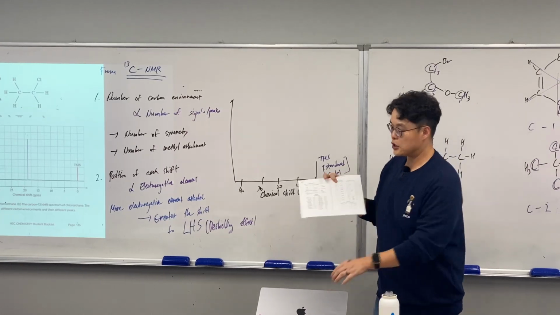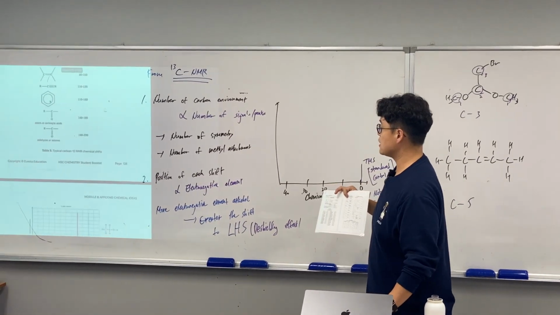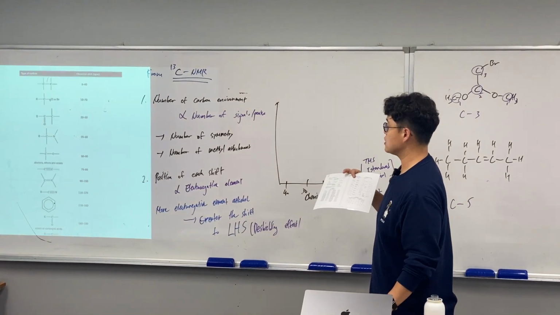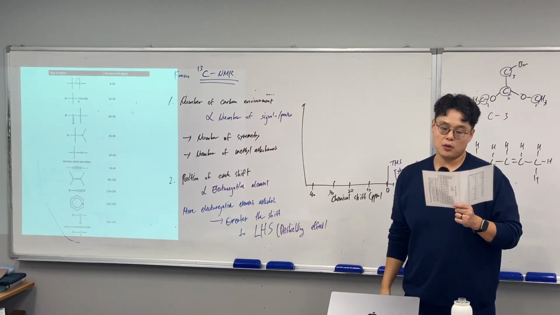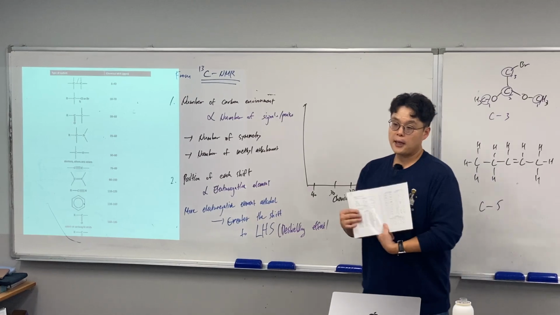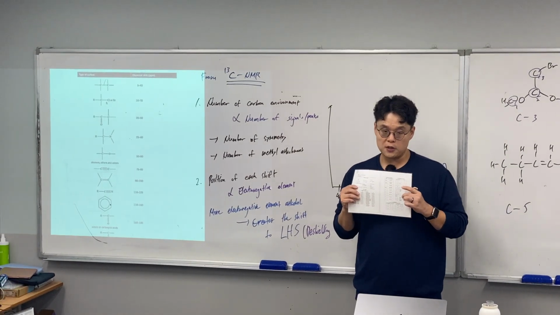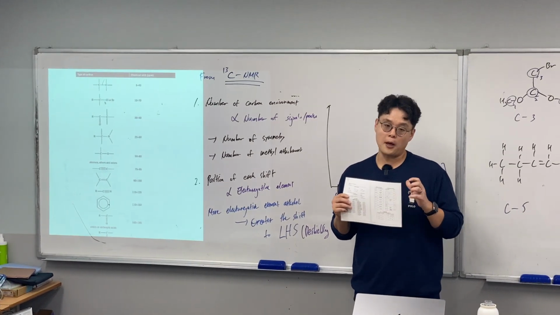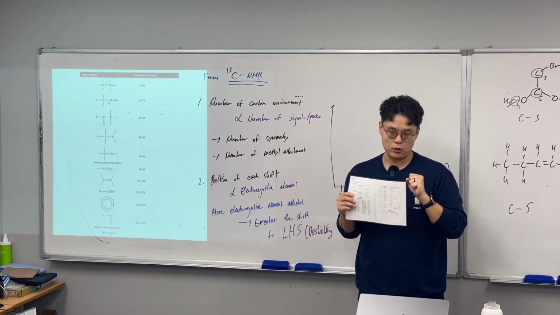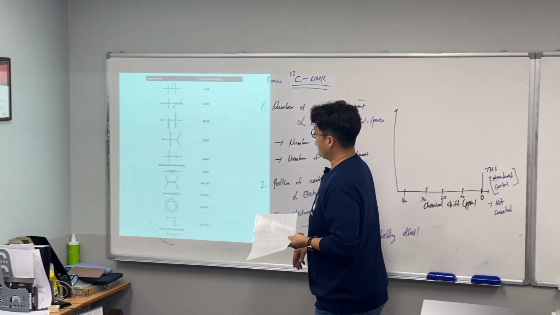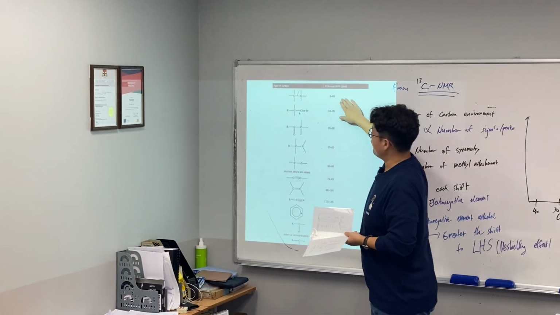In your formula sheets, you will get data like this. Page 128, where I share the same data. It shows the carbon NMR chemical shift data. Depending on the location of the shift, we are able to determine the possible fragments, not the functional group. For example, if we have carbon to carbon, the shift will vary.